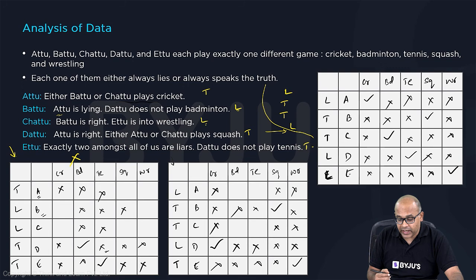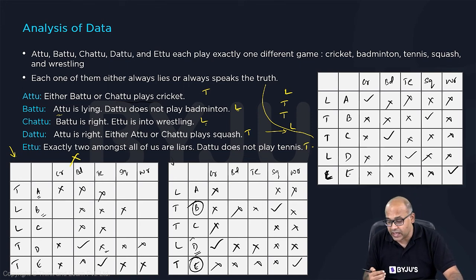So I have two cases, the middle and the right side tables. Now, how many people can I confirm? I can confirmly talk about E in both the cases. I can confirmly talk about what is the other person? Yes, B in both the cases. Now, if you notice, D you are able to talk, but there are two different possibilities for D. D can be cricket in the middle case and D can be tennis in the third case. But we don't know which of these two is correct.